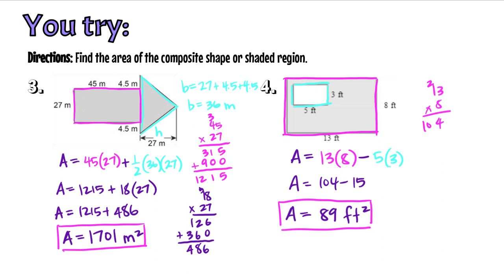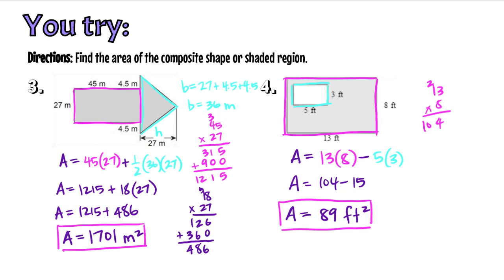Hopefully you paused the video, and in this first example you found the area of the rectangle first would be 45 times 27, and then the area of the triangle would be 1/2 the base. This is the base, which is the same length as the height of the rectangle, plus 4.5 for this little part, plus 4.5 for this little part.